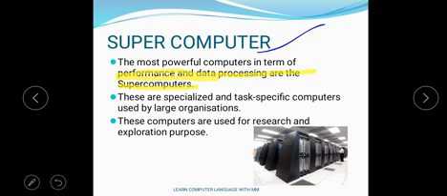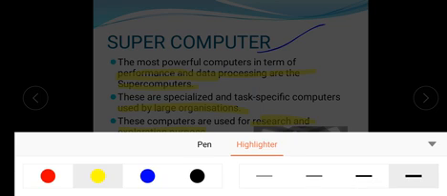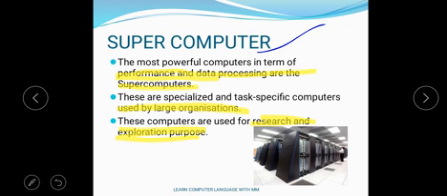These are specialized and task-specific computers used by large organizations. These computers are used for research and exploration purposes. The supercomputers are very expensive and very large in size. They can be accommodated in large air-conditioned rooms.